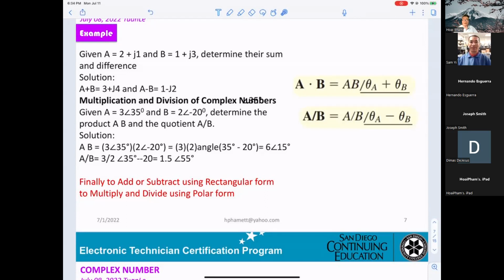Whenever you want to add or subtract complex numbers, they must be in rectangular form. However, to multiply or divide, they must be using polar. Any question?